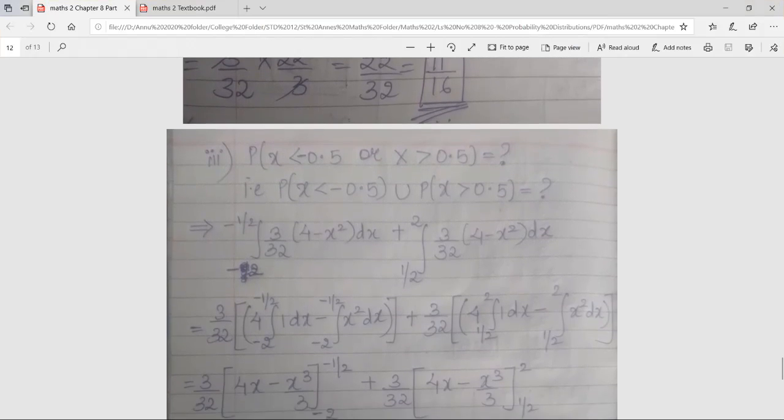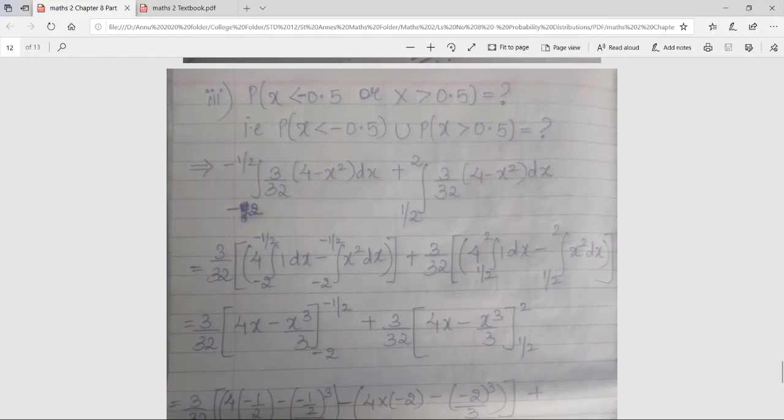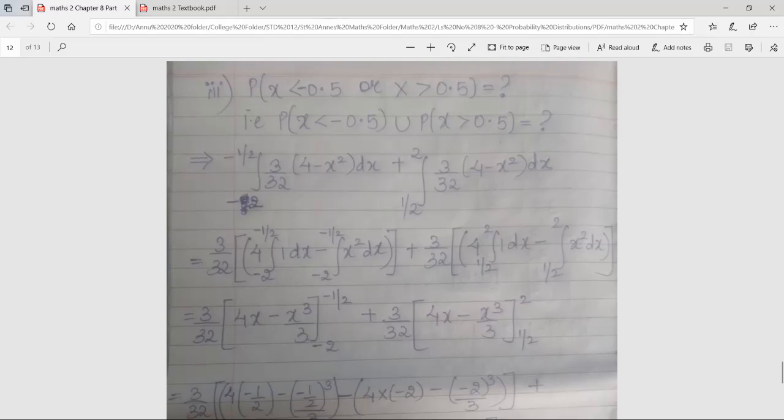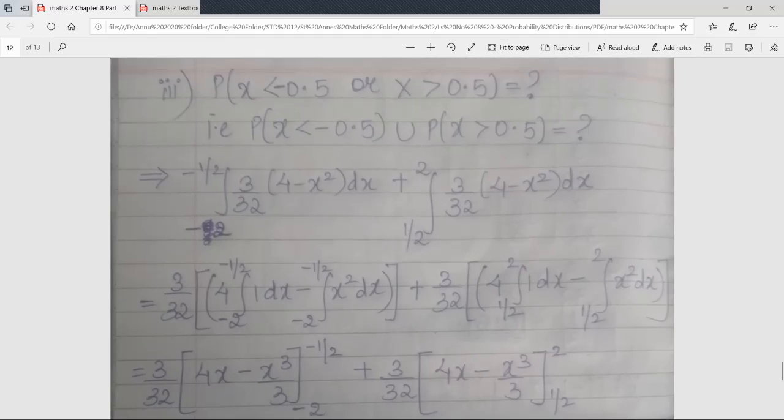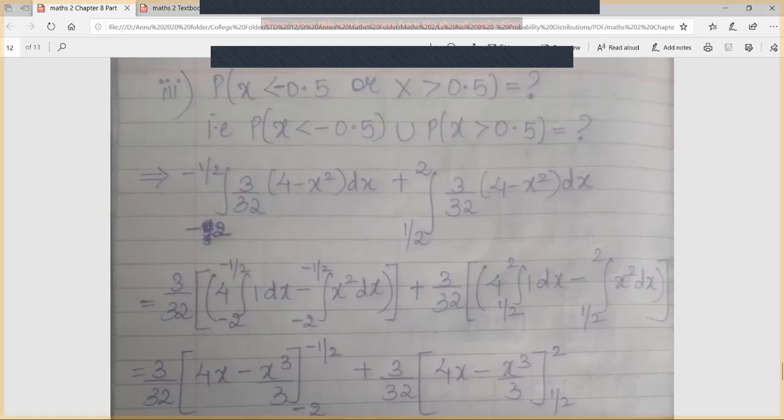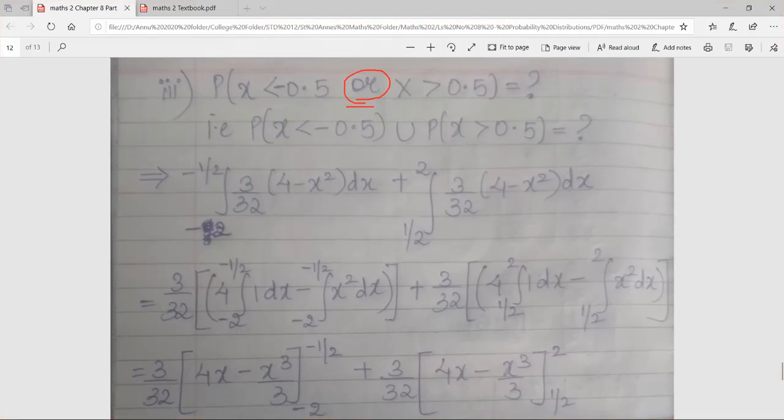Now class, please pay attention to the third part, which is quite different but not new. This you have already learned in your previous class as well, in your maths and statistics section 2, or even in lesson number 1, that is sets of part 1. Now they are telling you to find out probability of x less than minus 0.5 or x greater than 0.5. Now class, in the lesson sets or in permutations and combinations, the word or represents a plus sign, correct?